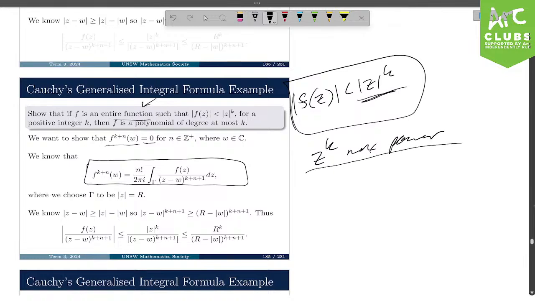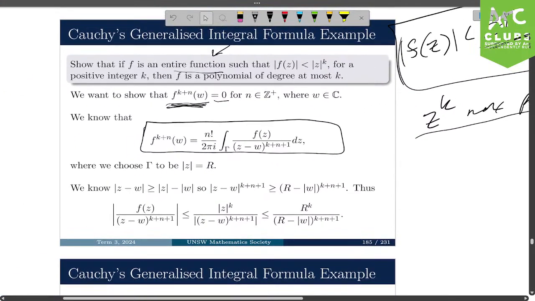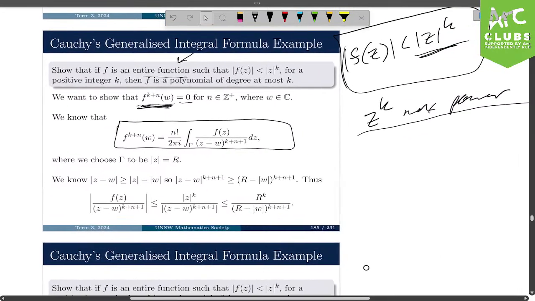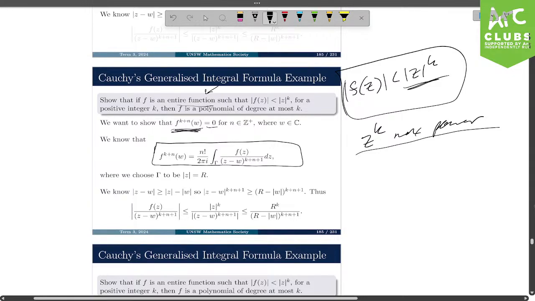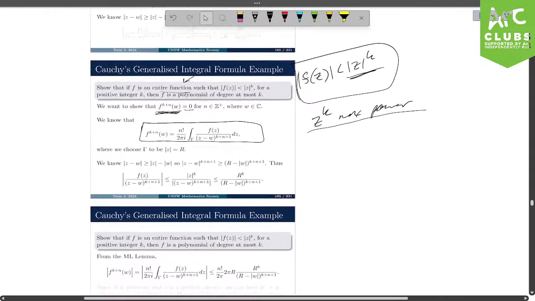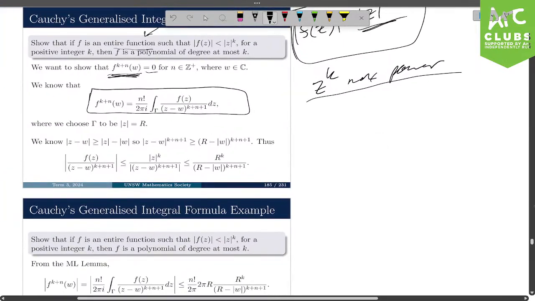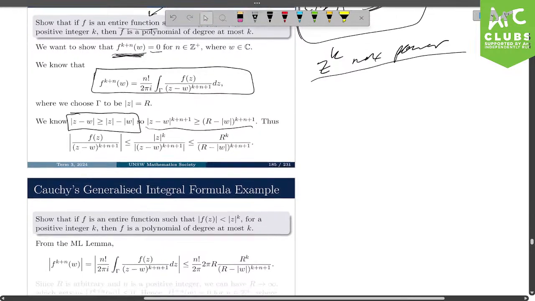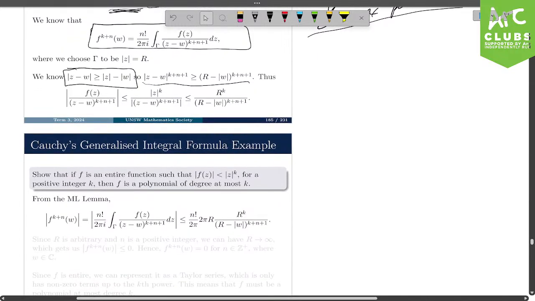If z to the k is the max power, then all derivatives like this must equal 0. But we also know that the derivative is also of the form n factorial on 2 pi I integral of this value. The magnitude of z to be just sufficiently large, some r number. Understanding this is pretty much just our circle inequality. We just move forwards with it, and we can actually determine the magnitude of this interior. Okay? And it ends up being r to the k over r minus magnitude of w, all to the power of k plus n plus 1.